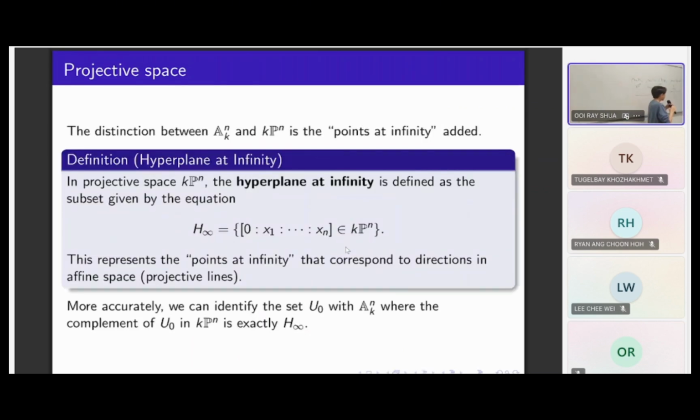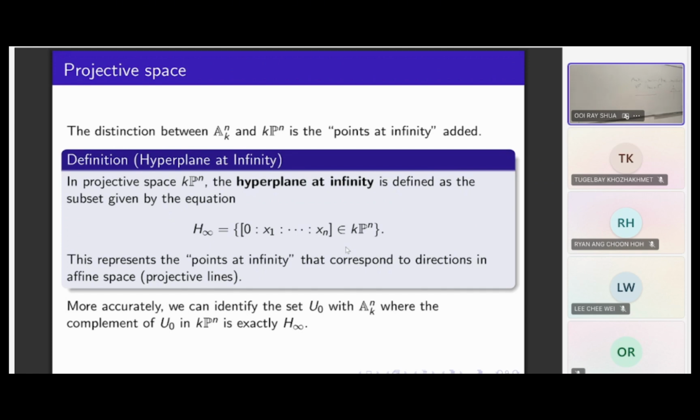As I said just now, the difference between a projective n-space and an affine n-space is that the projective n-space includes the points at infinity. So what is the point at infinity?